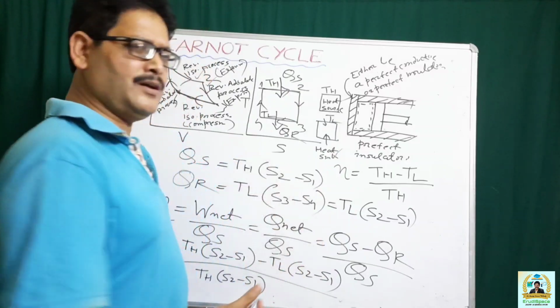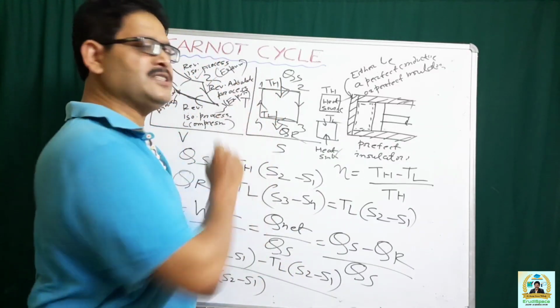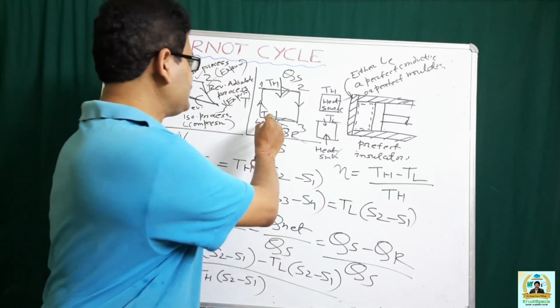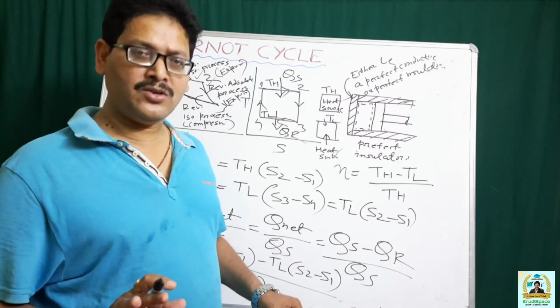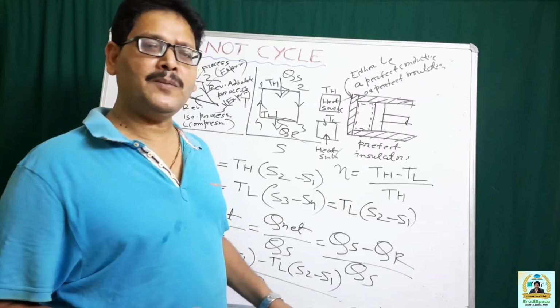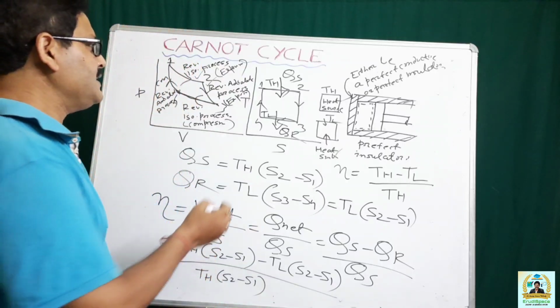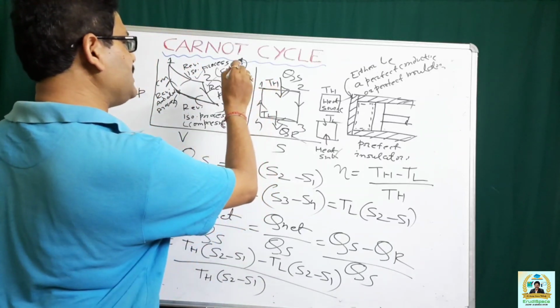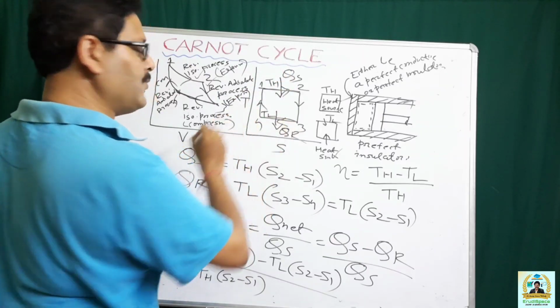Some of the professors represent this Th by T1 and this TL by T2. But deliberately I have not done this because you have two processes which are isothermal processes, and so T1 will represent both the temperature at point 1 and 2 and point 3 and 4.